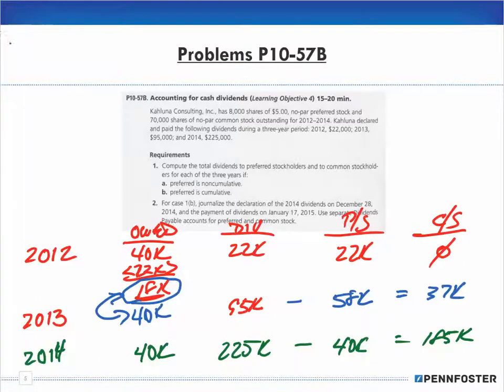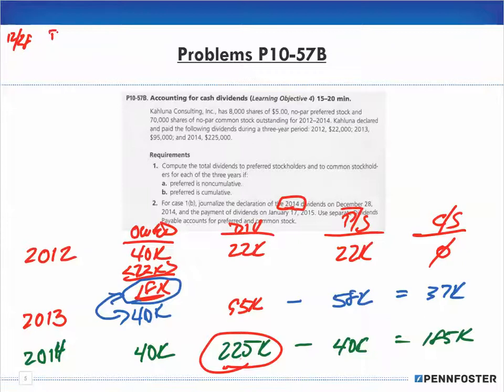So I'm going to just try and squeeze it in here. All right, so on 12/28, let's see here, it says journalize the declaration of the 2014 dividend on December 28th. So we're talking about this $225,000 dividend, right?